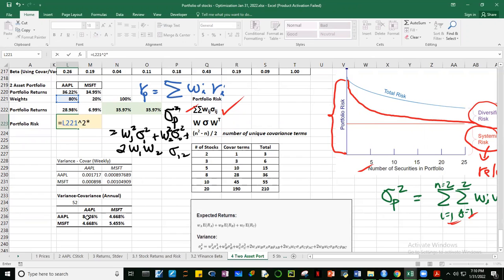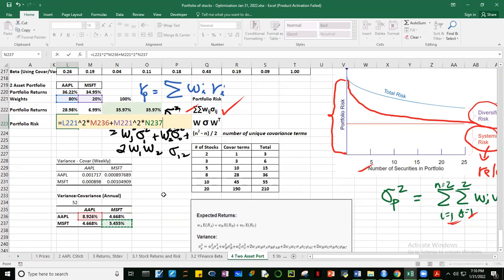This is the variance of 1. And then plus W2 squared times the variance of 2. This is the variance of 2.